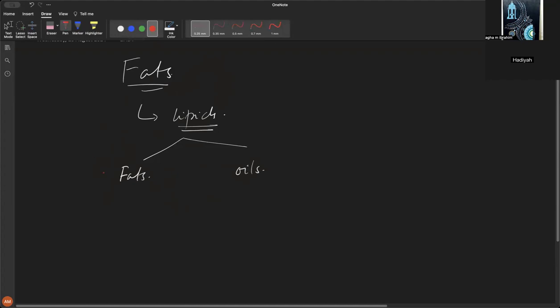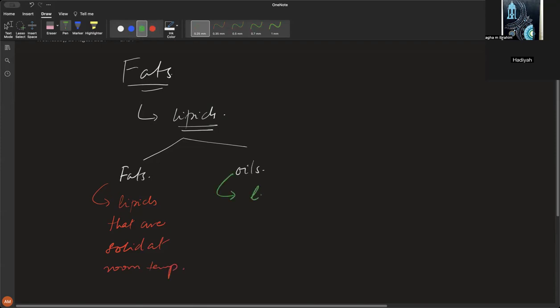Fats are basically, what are fats? Fats are lipids that are solid at room temperature.